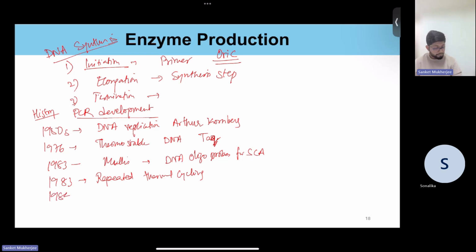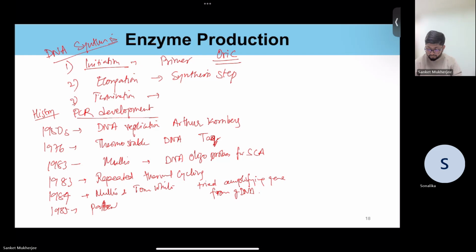In 1984, Mullis and Tom White tried amplifying a gene from genomic DNA, but they could not visualize this amplification product in a gel with ethidium bromide. In 1985, the patent was filed for PCR and its application specifically in sickle cell anemia.